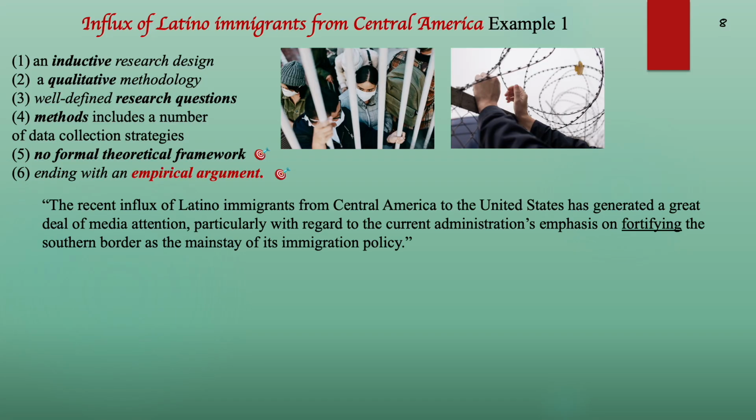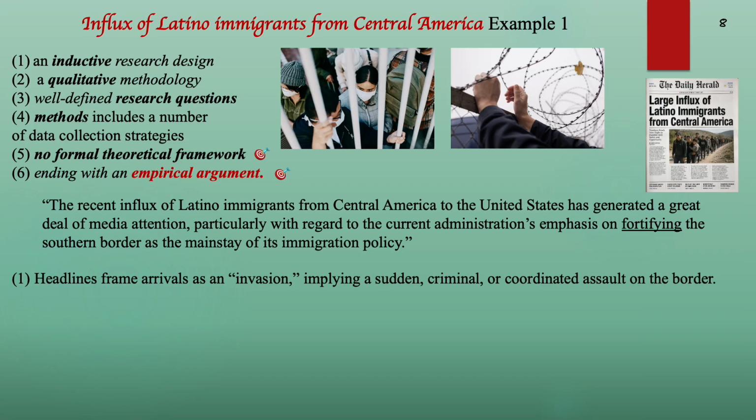Quote, the recent influx of Latino immigrants from Central America to the United States has generated a great deal of media attention, particularly with regard to the current administration's emphasis on fortifying the southern border as the mainstay of its immigration policy. The author now addresses how the media and the government have erroneously portrayed this dramatic influx of immigrants.